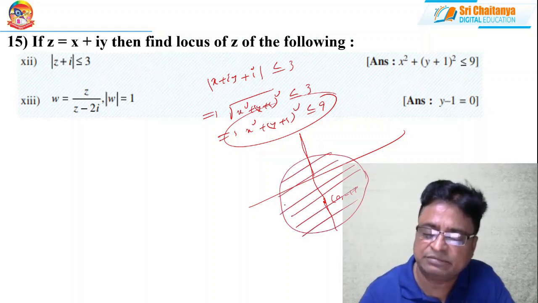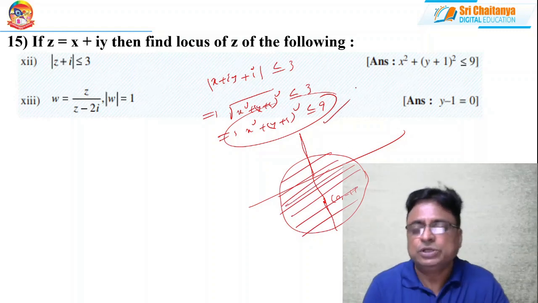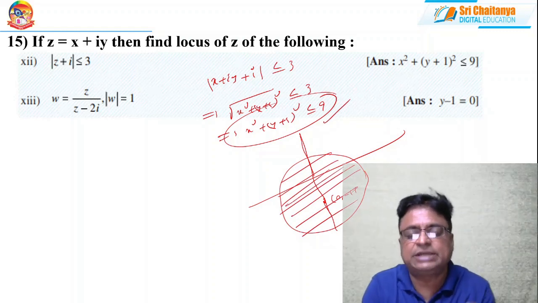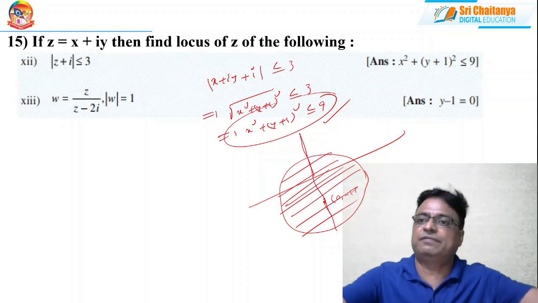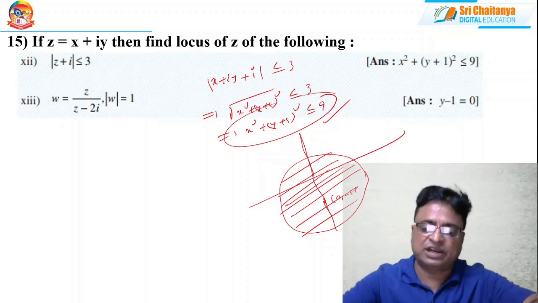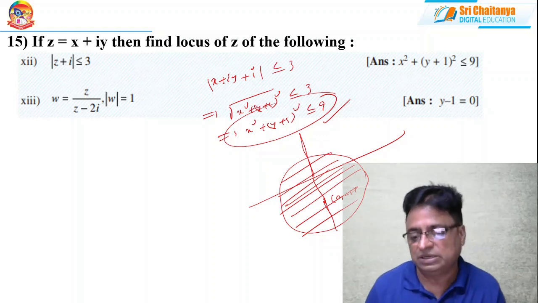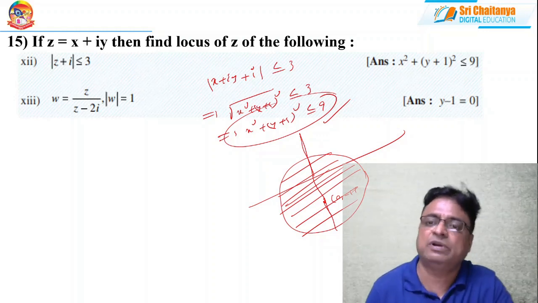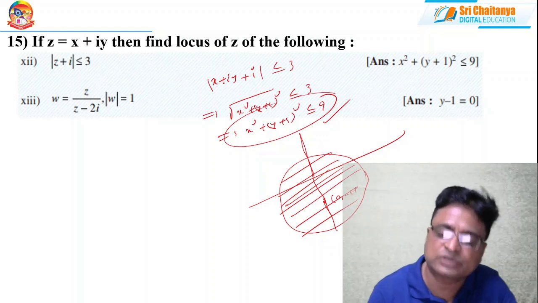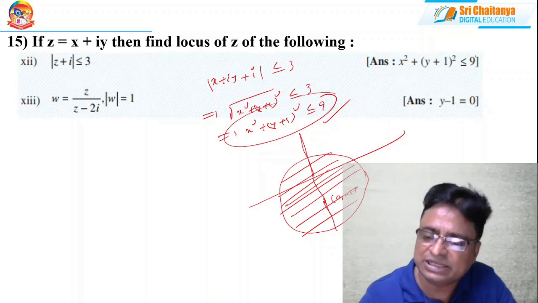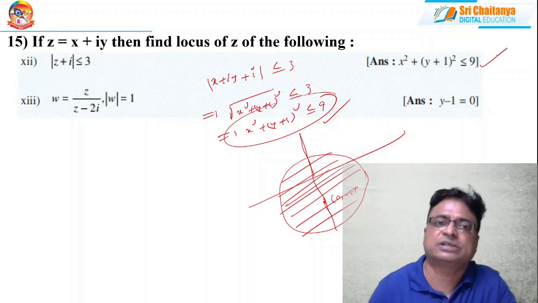This is the region. So in objective questions, this indicates the locus is the interior of the circle with the center as 0, minus 1, radius as 3. Something they may ask. In this case, this will be helpful for you. Please draw the diagrams also simultaneously. Getting this equation is not at all the important task for you.